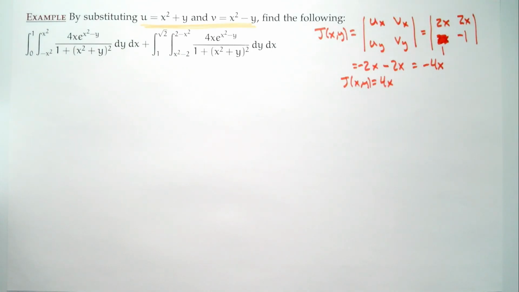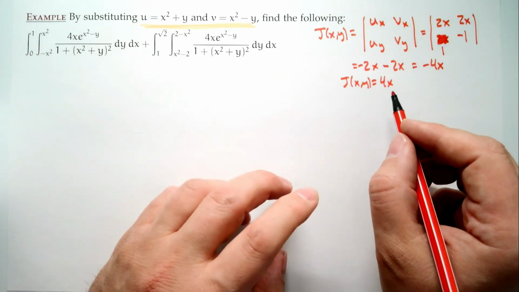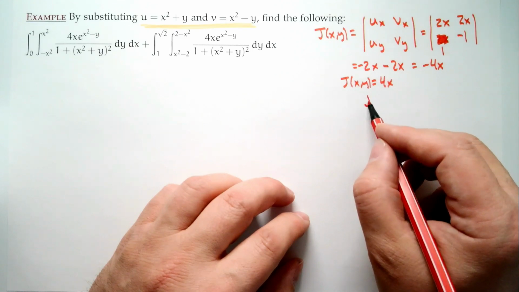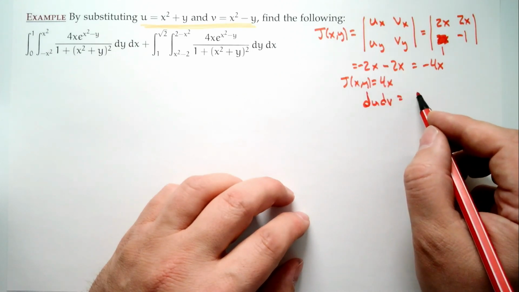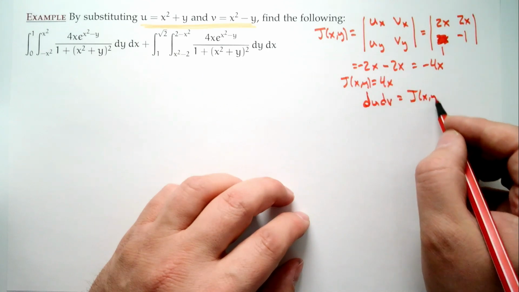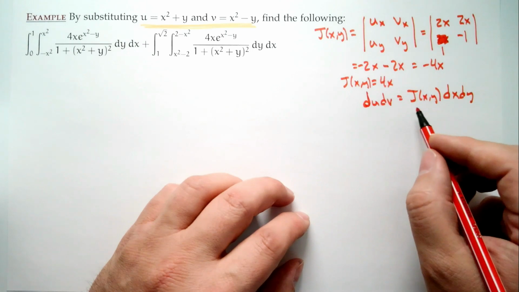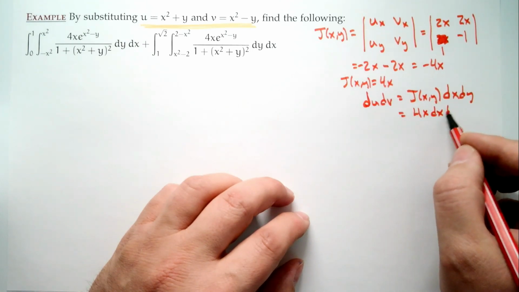Well, it's not 1, so we actually have to think a little bit. But that's all right. We're good at thinking. What this tells us is that du dv is the Jacobian of x, y times dx dy, or dy dx, it doesn't really matter. In our case, that's 4x dx dy.